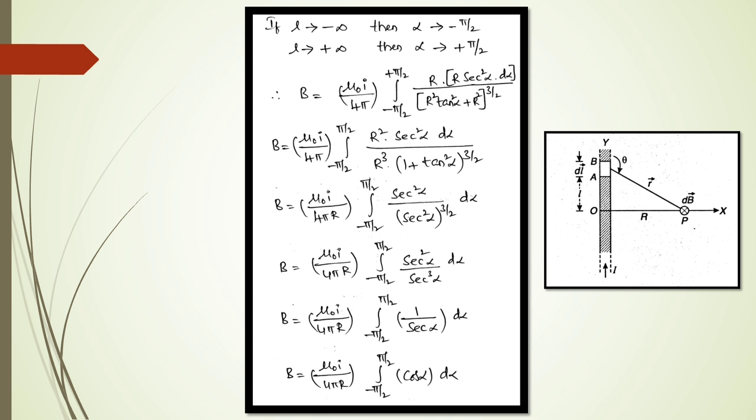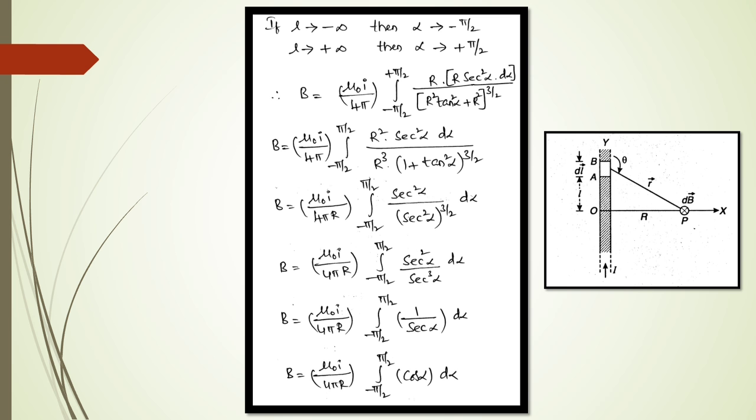Therefore, magnetic field B is equal to mu naught I by 4 pi integral minus pi by 2 to plus pi by 2 R into dl value R secant square alpha into d alpha divided by R square tan square alpha plus R square whole power 3 by 2.